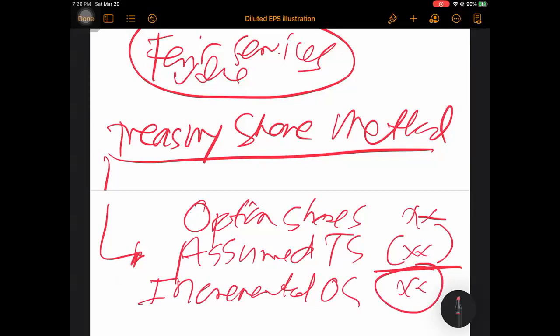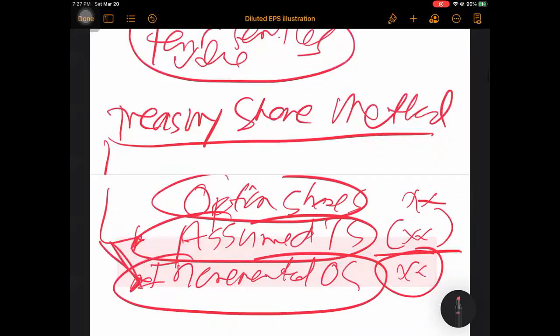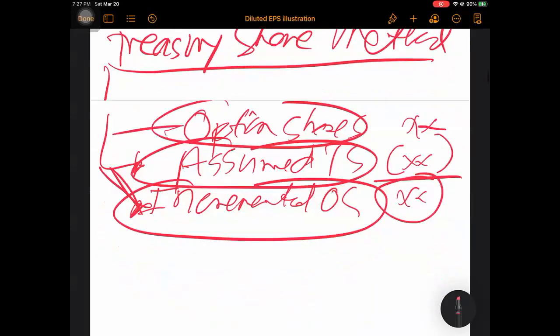So you have the option shares minus the assumed treasury shares, then that is your incremental ordinary shares. We have a procedure to follow under the treasury share method for computing this incremental. We have the formula already: option shares minus the assumed treasury shares. So this is the procedure.